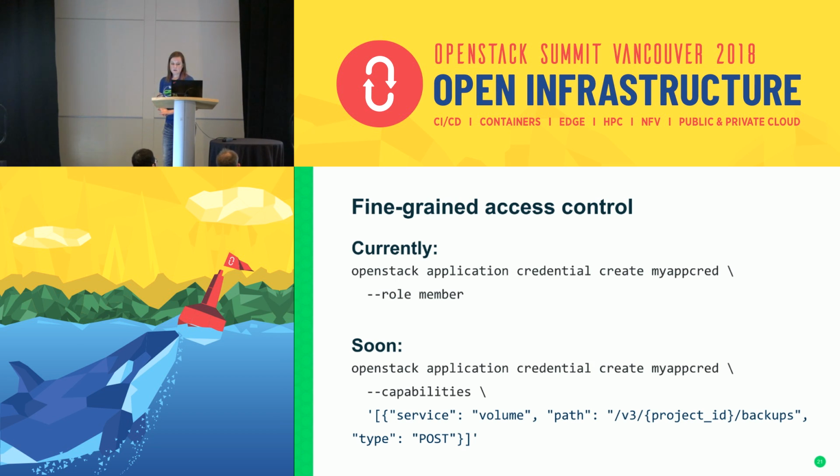So what we're working on in this cycle is a way for the user to whitelist certain API actions for the application credentials so that they have more fine-grained control over precisely what APIs the application credential is allowed to be used for. And eventually, we hope that we can make role assignments as easy as this or something like this, and that the future of application credentials will be compatible with this paradise future of RBAC and Keystone.